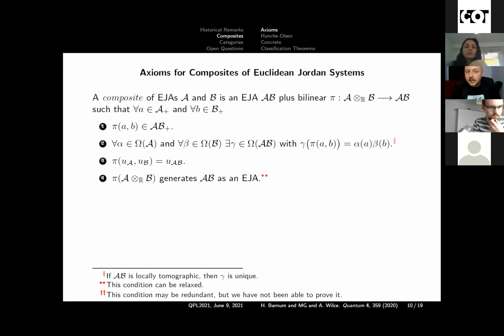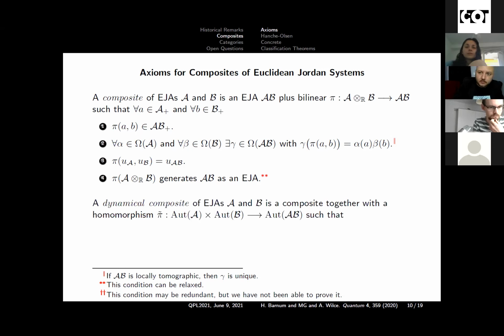We demand that the image of the vector space tensor product generates the composite as a Jordan algebra. That condition can be lifted: if you remove these axioms and take the fourth out, you'll get composites containing a composite generated by ABs.